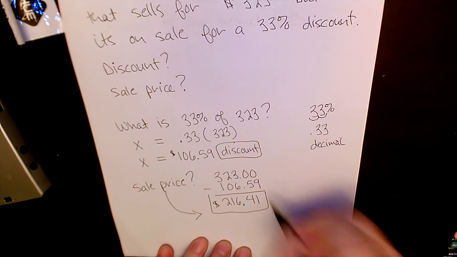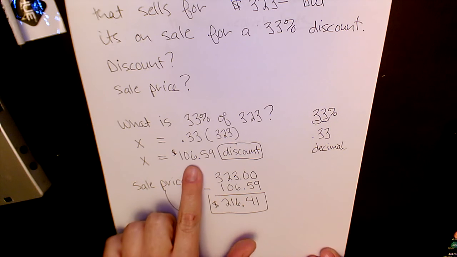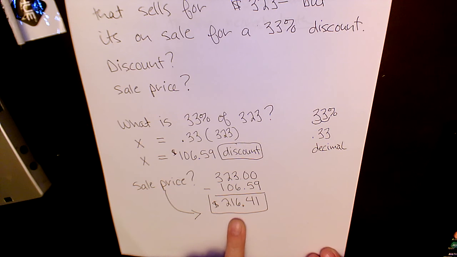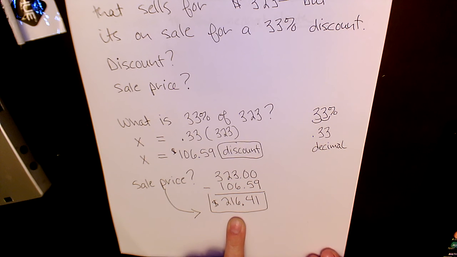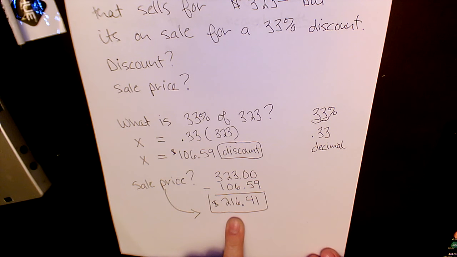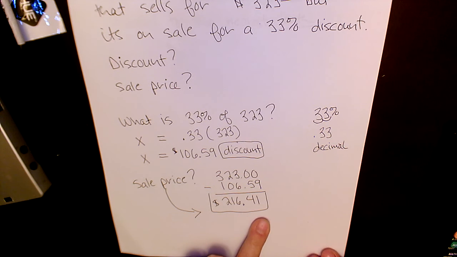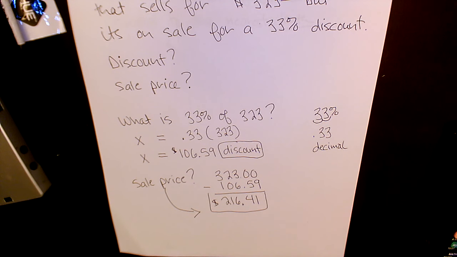So here's how much they're going to take off with a 33% discount, and here's how much the camera is actually going to be. This is the sale price, $216.41. So if you're discounting, you're going to subtract off of the original price.